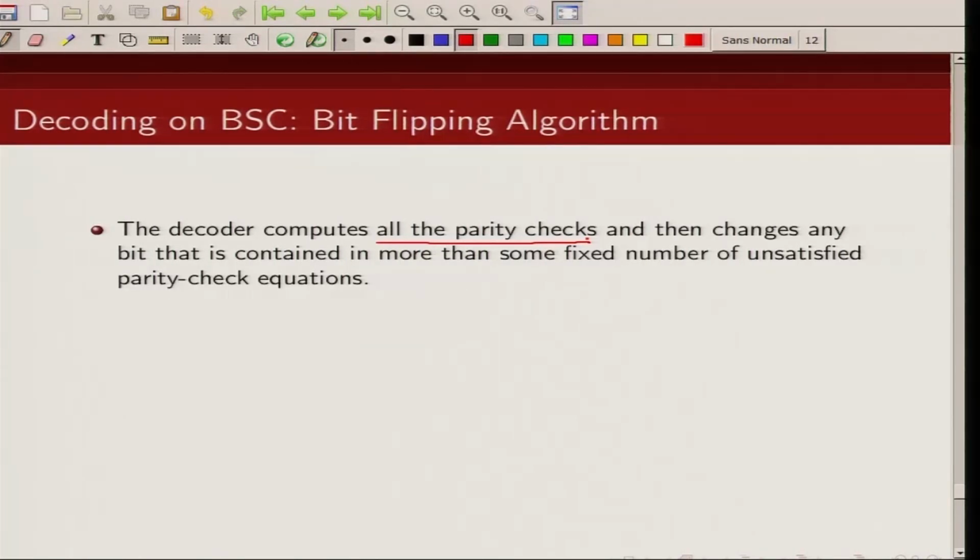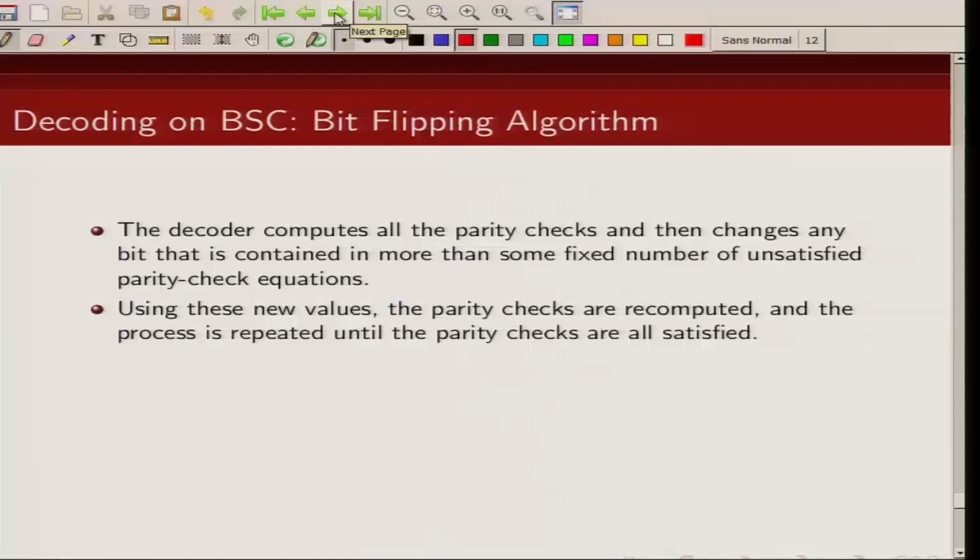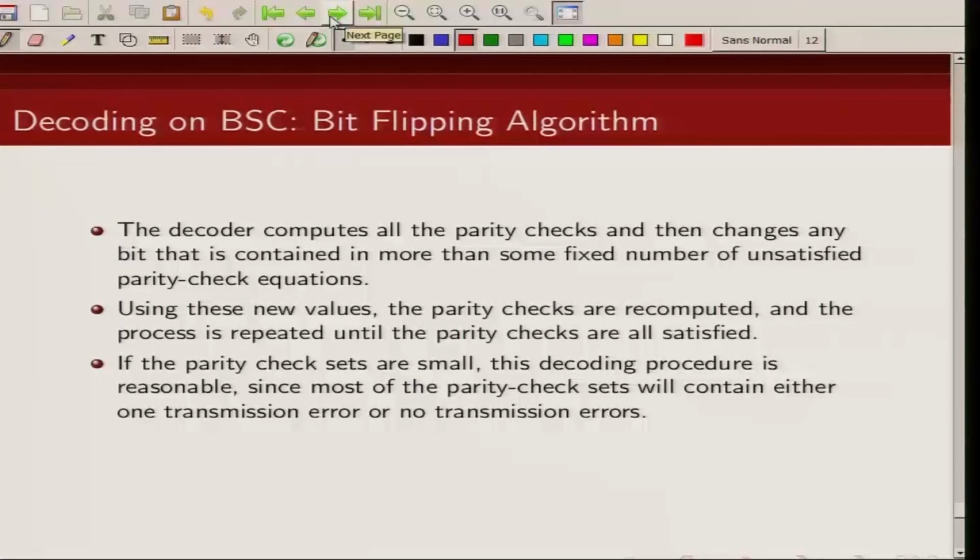Hopefully by flipping the bits which are common in most of the parity check constraints that are getting violated, we will be able to finally correct those errors. Each time after we flip the bits, we recompute the syndrome and check whether the syndromes are satisfied. When all the syndromes are satisfied, we have successfully decoded the LDPC code.